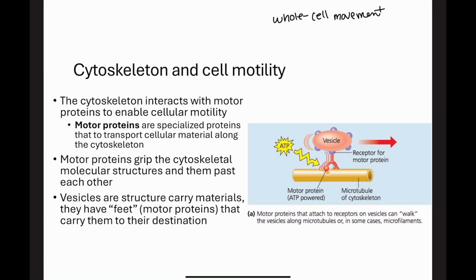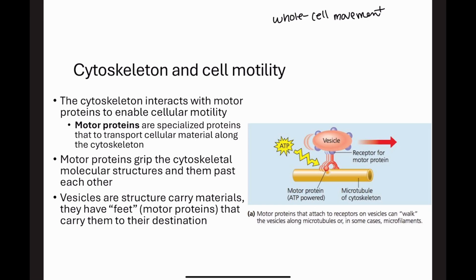And it's going to include cytoskeletal elements, motor proteins, and the plasma membrane components working together to move that entire cell along external fibers. Cilia and flagella are going to move due to motor proteins gripping microtubules and sliding them past one another. And muscle contractions are going to occur through a similar mechanism, which is going to involve actin filaments and myosin motor proteins.